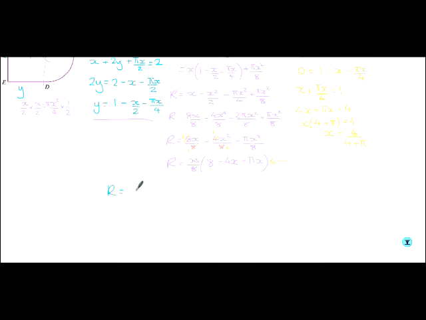So r is going to be equal to 4 over 4 plus pi over 8. We'll tidy that up in a minute. 8 minus 4 lots of 4 over 4 plus pi, minus pi lots of the same thing, so 4 over 4 plus pi. Okay, so if you think about this, we've got 4 over 4 plus pi, and dividing by 8 is the same as timesing by 1/8.